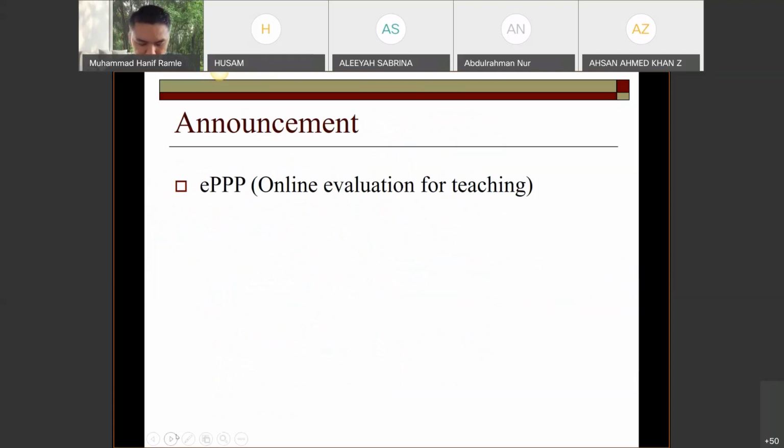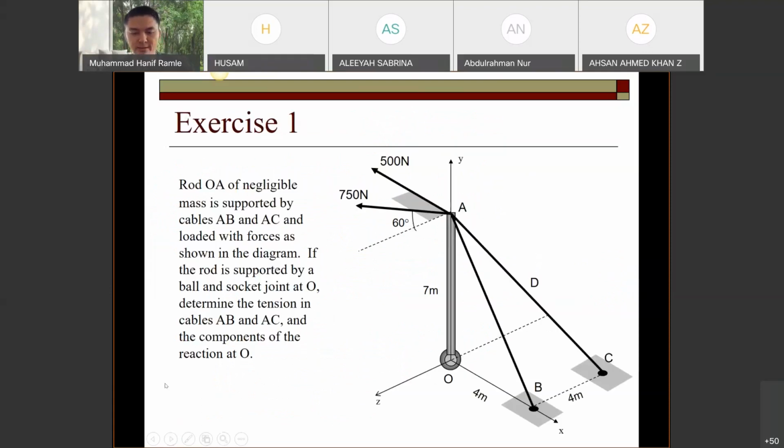So this is the exercise. Let's do it together. The question: rod OA of negligible mass is supported by cables AB and AC, and loaded with forces as shown in the diagram.